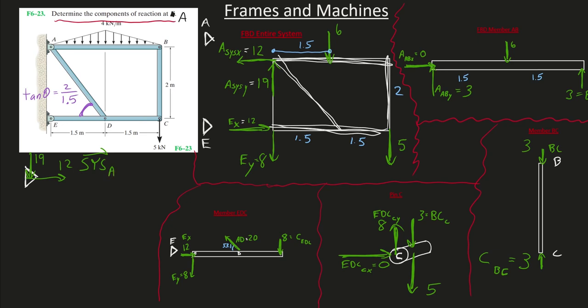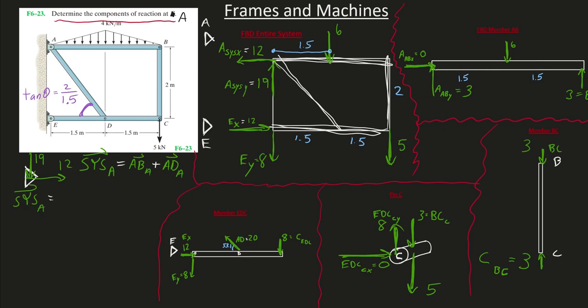Now, we know in actuality, the entire system isn't touching pin joint A. It's really just these two members right here. So, this force from our system onto A really comes from the force from member AB onto A and the force from member AD onto A. I mean, we can write each one of these as a vector.